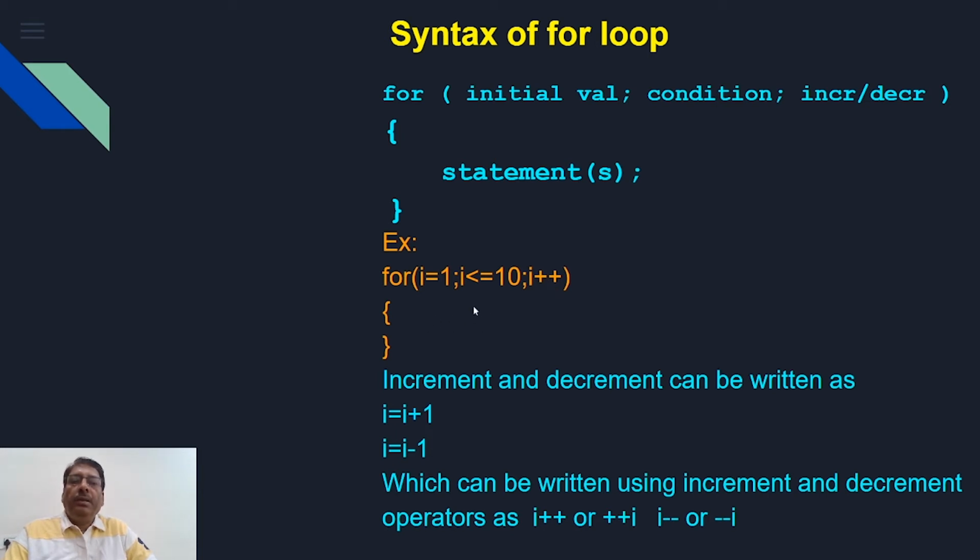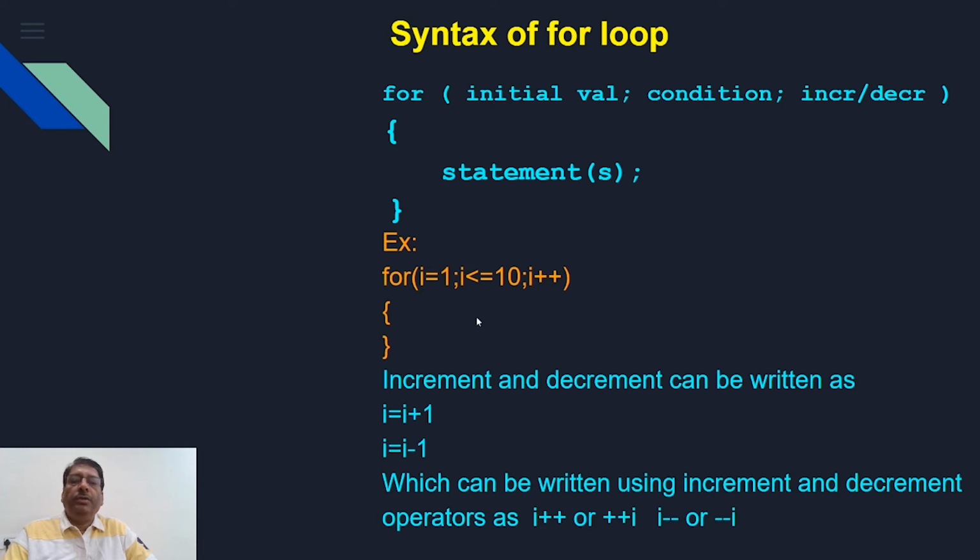I'll repeat: your initial value is 1, then it will check the condition, 1 is less than 10, true, then it will execute the statement that we write over here, and then it will go for incrementation. So i now becomes 2. It will again check the condition. 2 is less than 10, true. It will execute the statement and then increment. i becomes 3. 3 is less than 10.